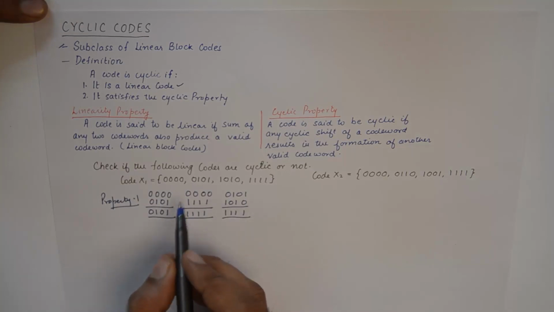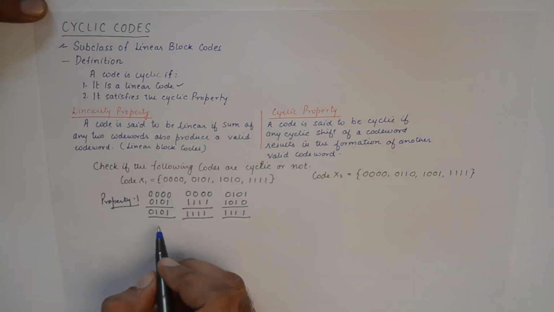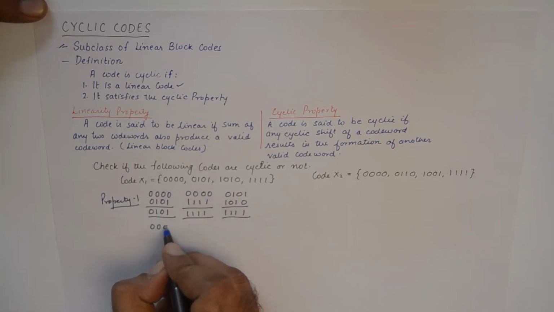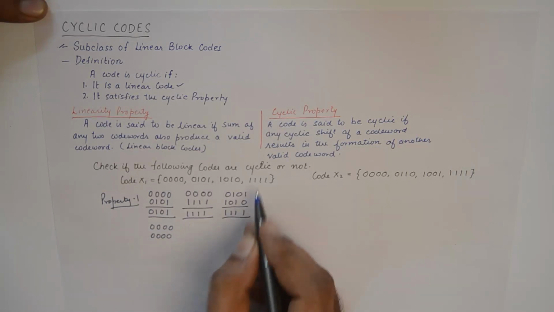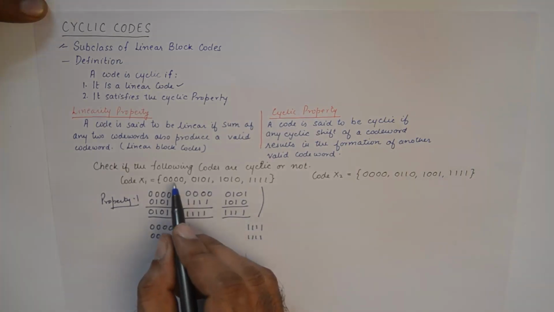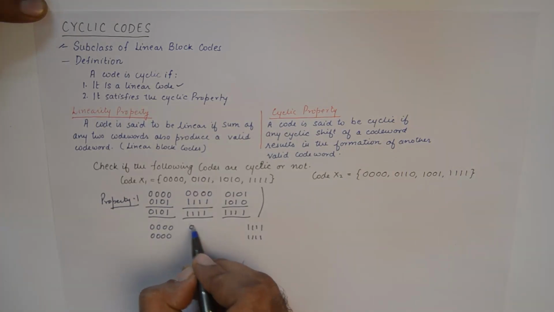Now let's check property number two, which is the cyclic property. If I was to shift this code by one position, I'll get this code itself. If I was to shift this code by one position, I'll get this code itself. So these two satisfy the cyclic property, but if I was to shift this code, it will give me this one.